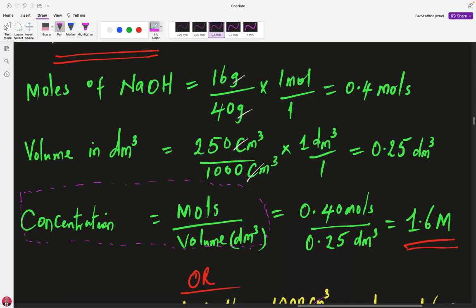Concentration is equal to moles divided by volume, and the volume should be in cubic decimeters.